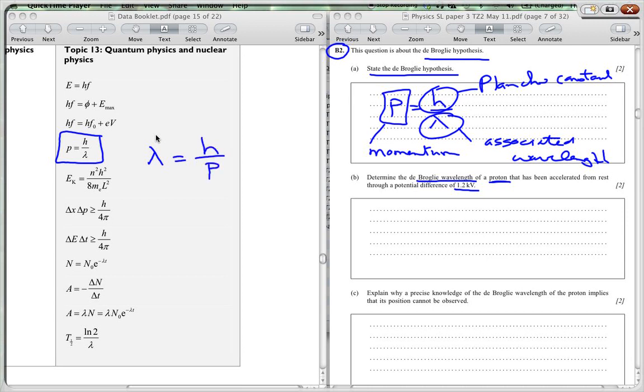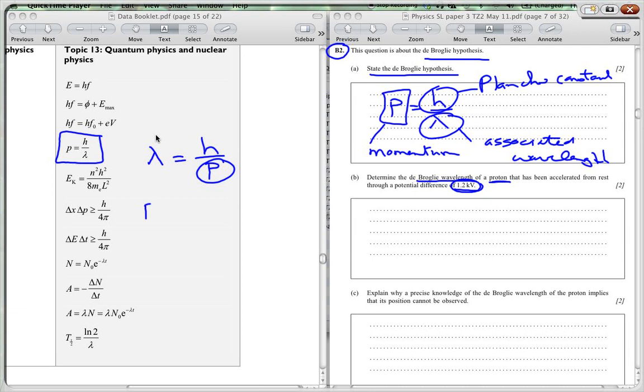This is your momentum. We know the energy of this proton is going to be 1.2 kV, and when we multiply that by e, we get the energy.